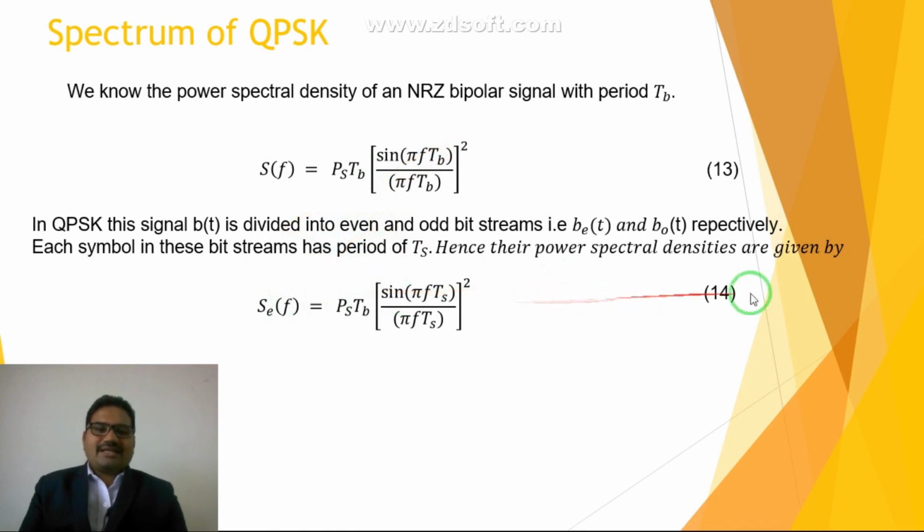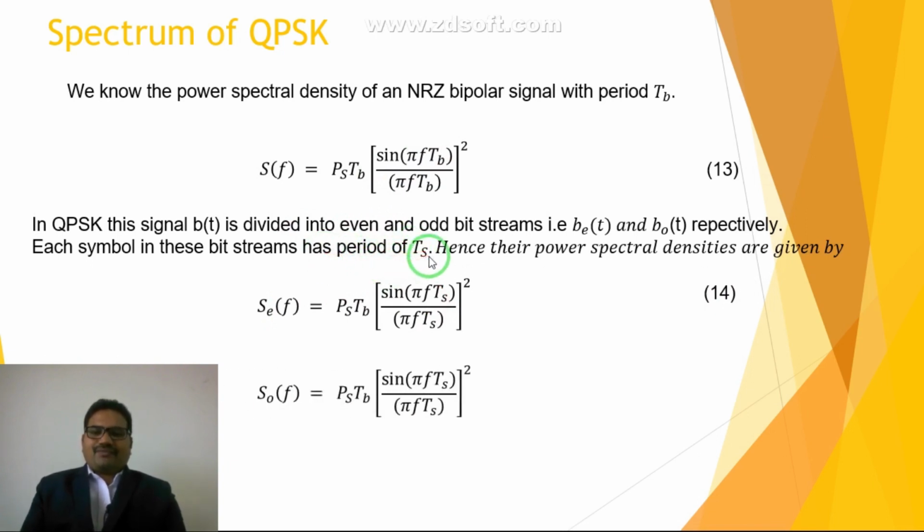Make it equation number 14. Tb is replaced by Ts because it has a period of Ts, the symbol duration. Similarly, this is the power spectral density of your odd bit stream. Make it equation number 15.